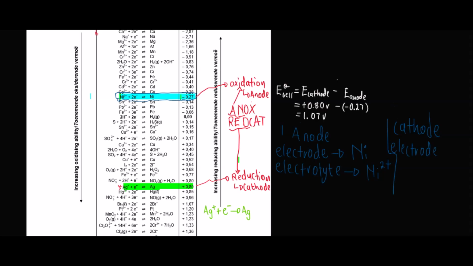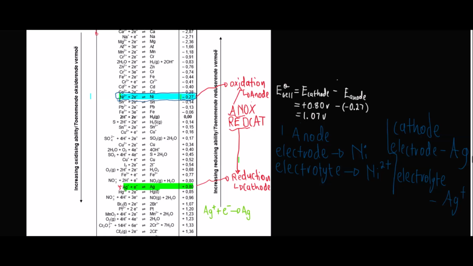We ask ourselves, what is the electrode? And you'll figure out that the electrode here is the silver, Ag. And then the electrolyte is Ag+.